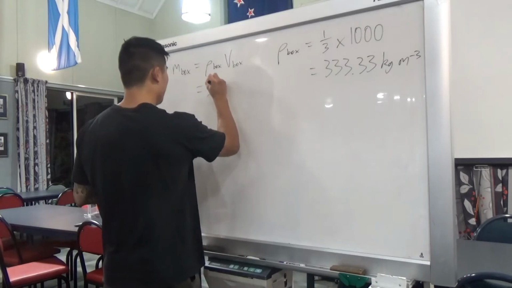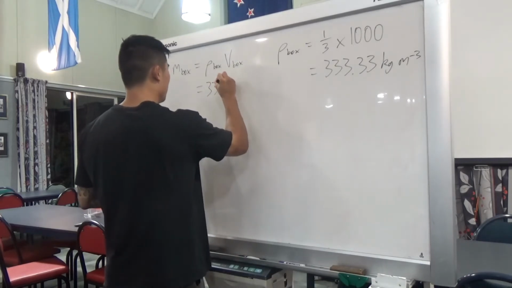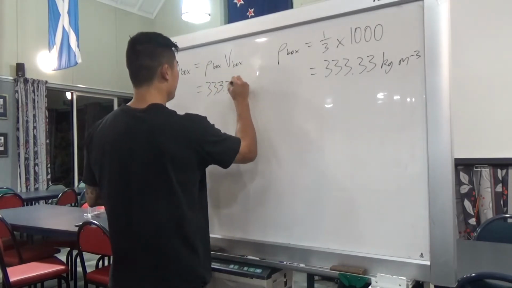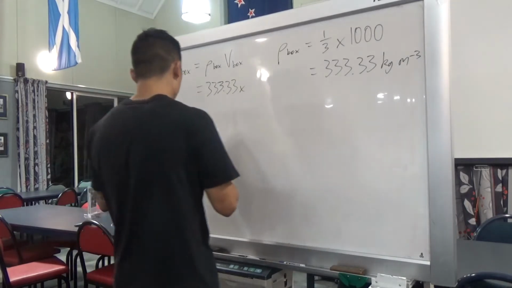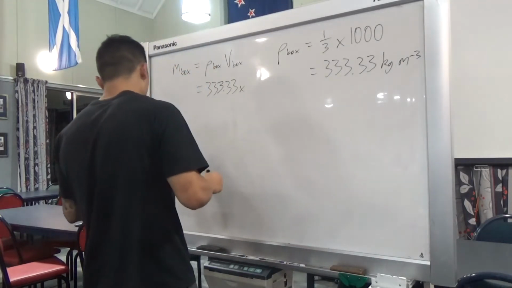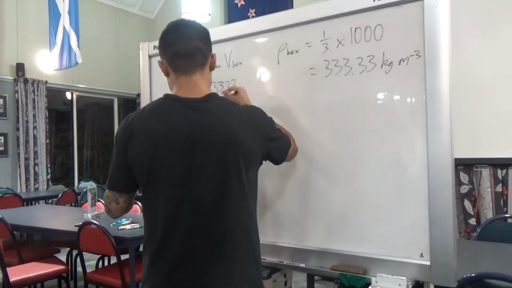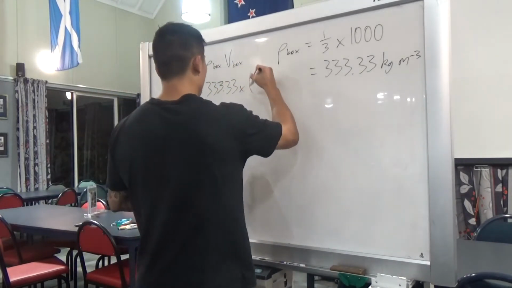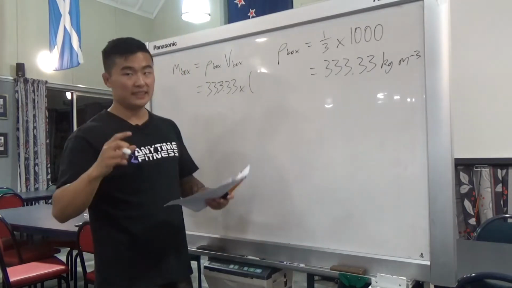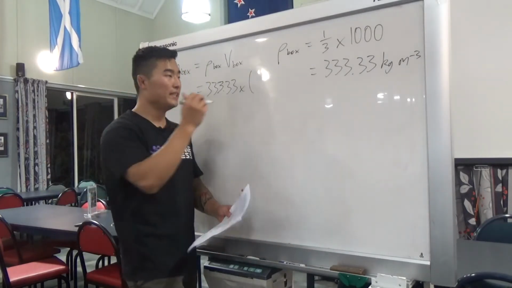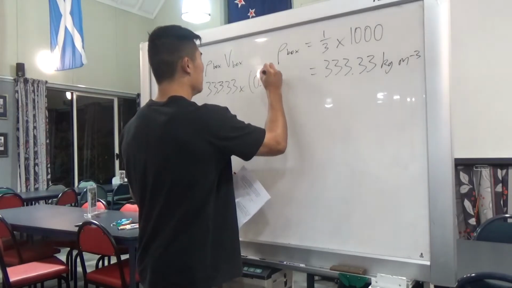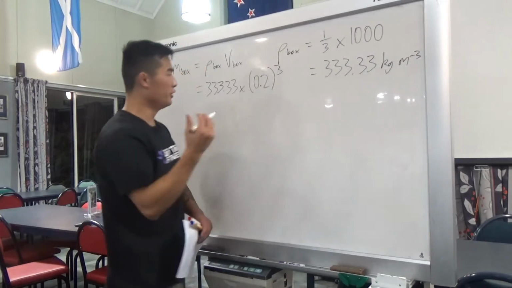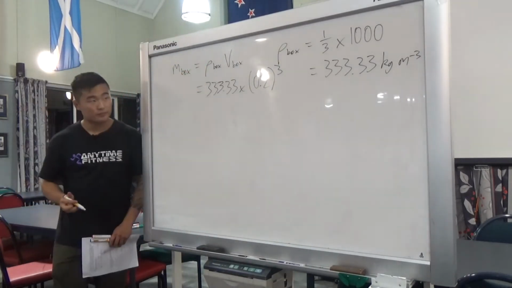So 333.33 times the volume of the box. So that's just 20 centimeters cubed. 20 centimeters is 0.2 meters, so we have to have it in meters, remember? So 0.2 cubed, okay?